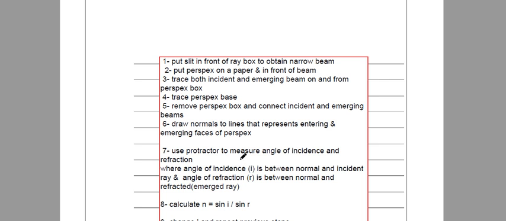Use a protractor to measure the angle of incidence i and of refraction r, where the angle of incidence is between the normal to the face where the ray enters the perspex box and the ray. This is the angle of incidence, and here is the refracted ray inside, and here is the refracted ray outside.